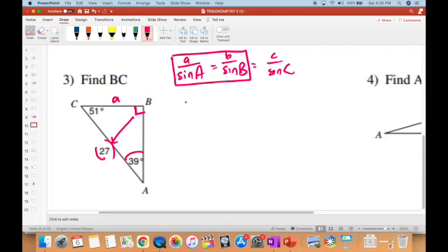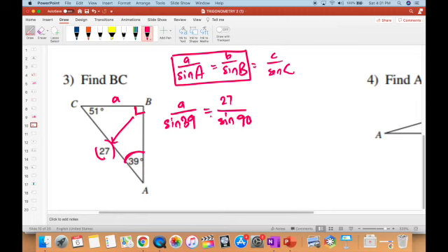So we could say that A over the sine of A, which is 39, is equal to B, the side B, which is 27, which is the hypotenuse, over the sine of the angle B, which is 90.